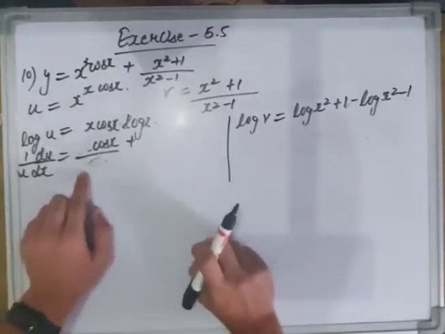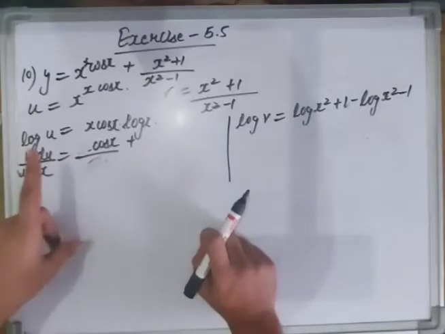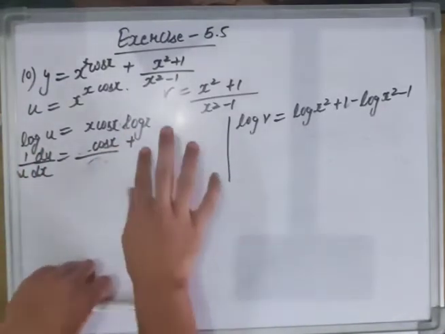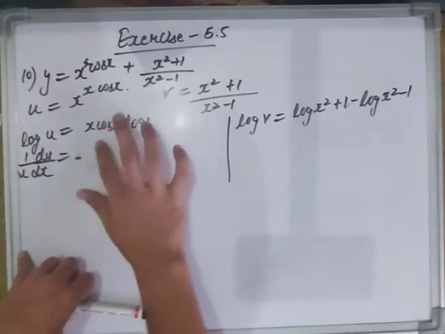So see here we need to apply the product rule 3 times, because x, cos x, log x are 3 different functions.